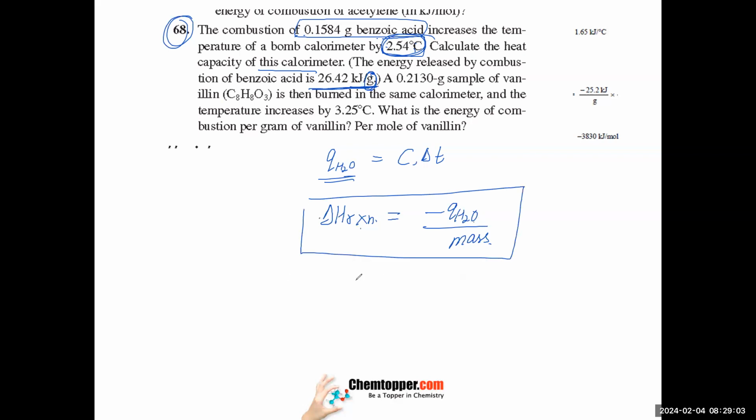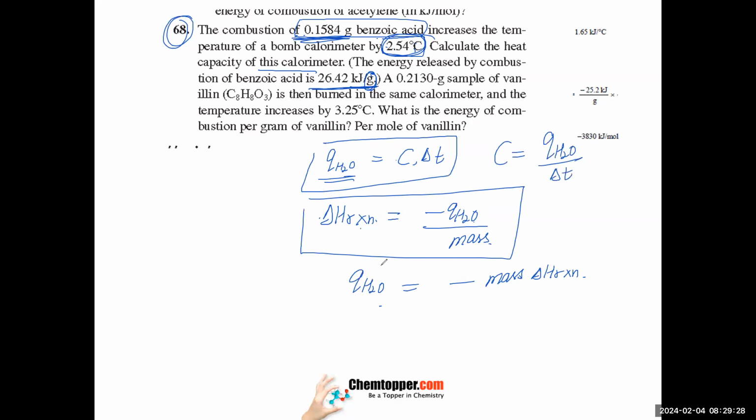And once I have Q of the water, with minus mass given as 0.1584 and delta H of the reaction, then you can plug in this Q of the water here and get C. C is Q of the water divided by delta T. I calculated Q of the water by using this equation. I know delta T is given in the question. I know C. So this part will give you C. This is the value.